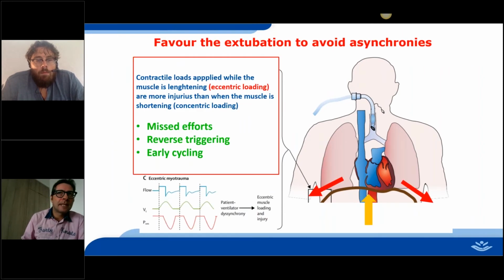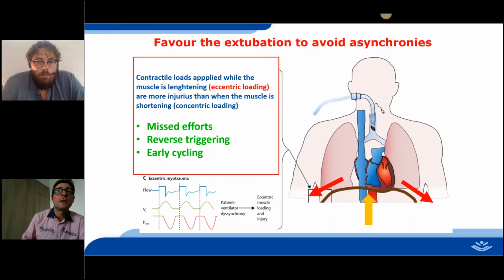Another important aspect that we know while we are on ECMO is that if we maintain the patient in an assisted control breathing, with pressure support, with SIMV or whatever we like, we have to pay the price of patient-ventilator asynchrony. Asynchrony is something important that can be deleterious for both the lung and the diaphragm. Just consider the double triggering that increases the tidal volume quite twice.